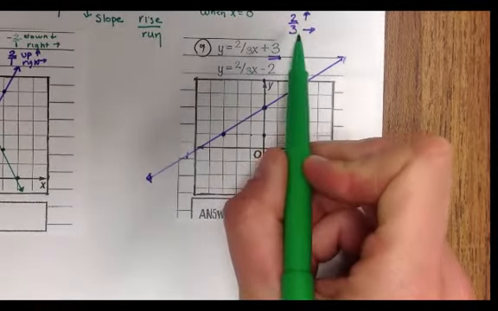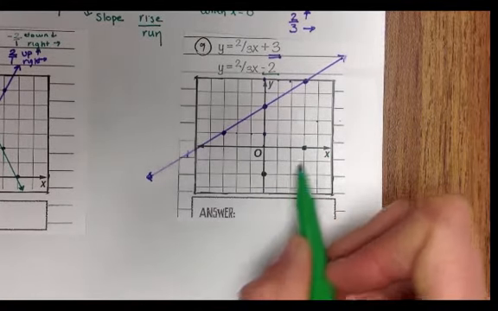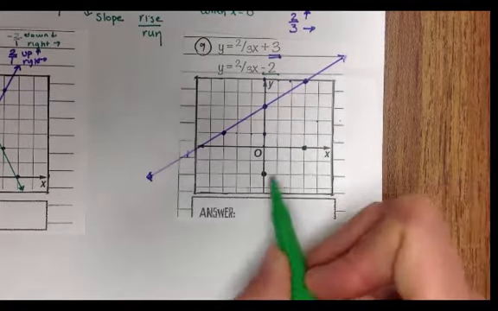I can go up 2, 1, 2, and then over 3. That puts me a little over here, and if I try going down, I don't have enough room, so I have to make my best guess with just the 2 points that I'm allowed to graph. So I'm going to take my ruler and connect my points.